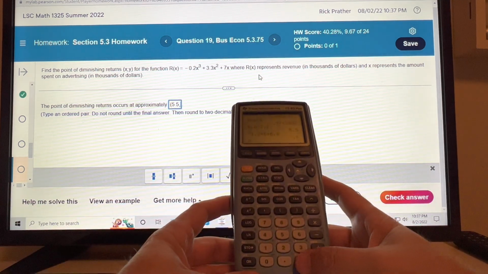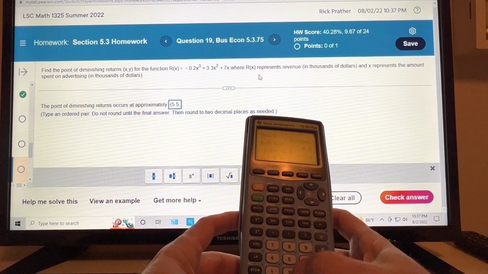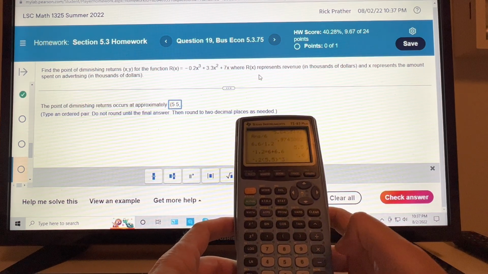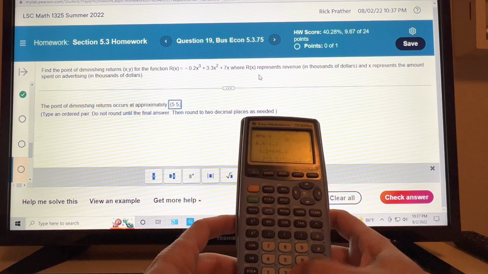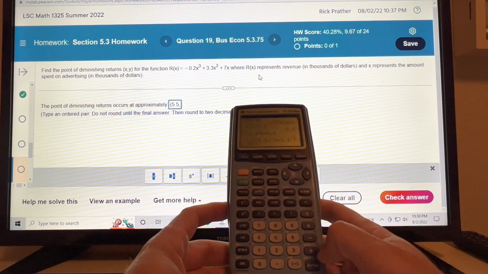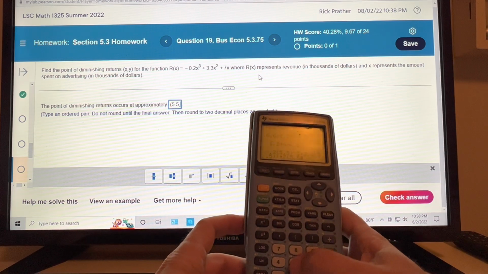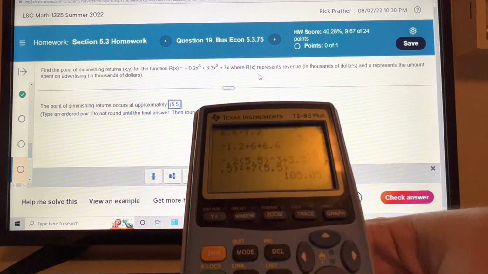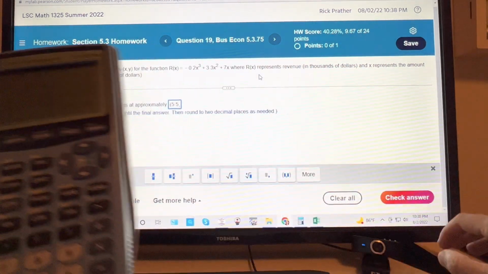So if I do negative 0.2 times 5.5 raised to the third power, plus 3.3 times 5.5 squared, plus 7 times 5.5, I get 105.05. No rounding.